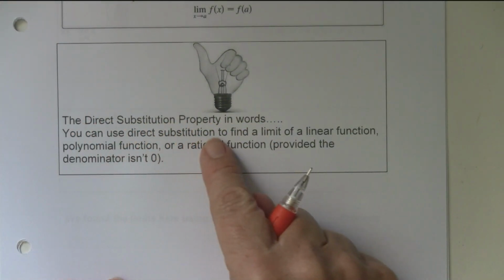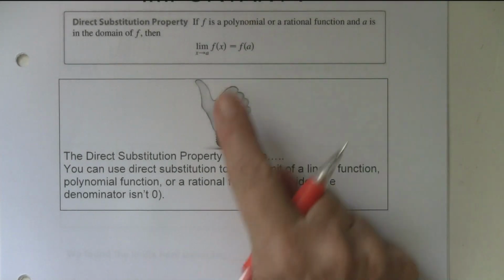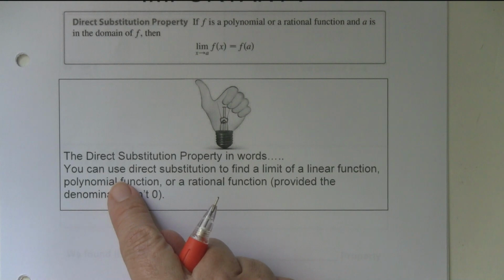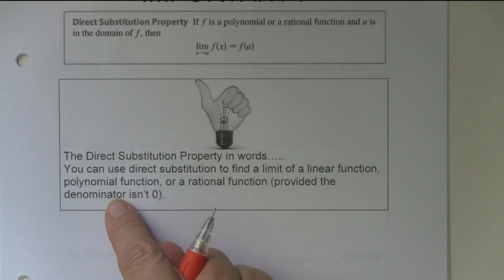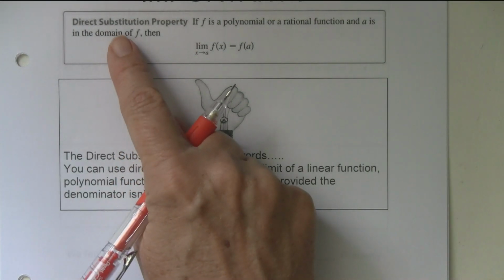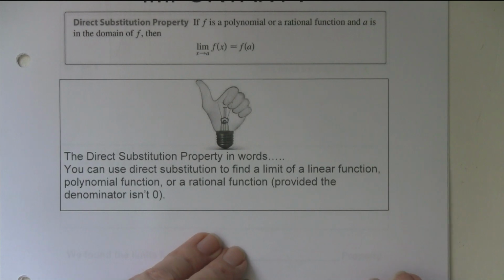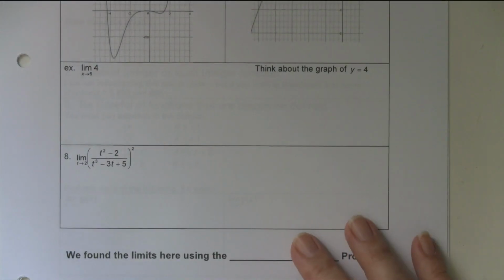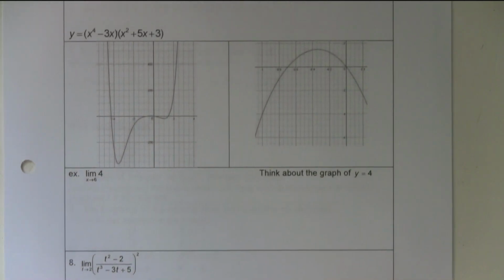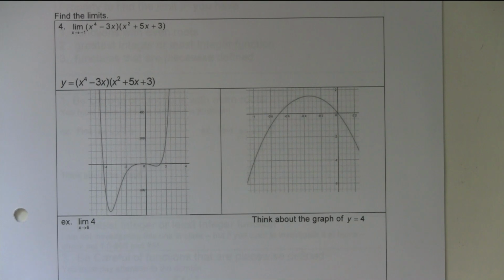You can use direct substitution to find the limit of a linear function, because that's a polynomial, or a polynomial function, or a rational function, provided the denominator isn't 0, because they said in the domain. And if the denominator on a rational function is 0, then you wouldn't be able to use direct substitution.